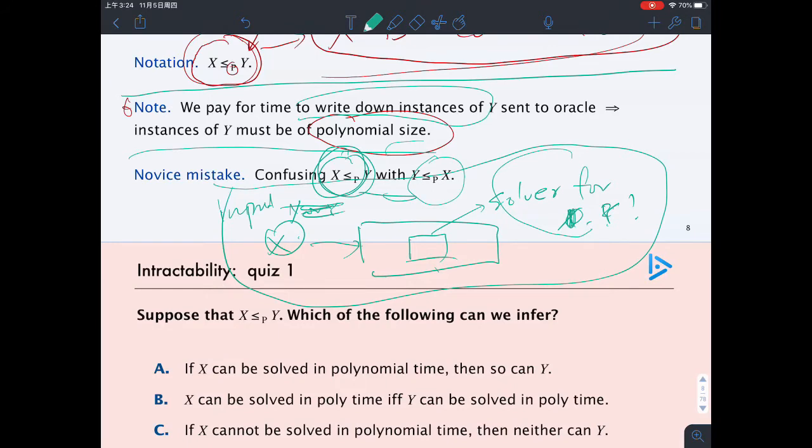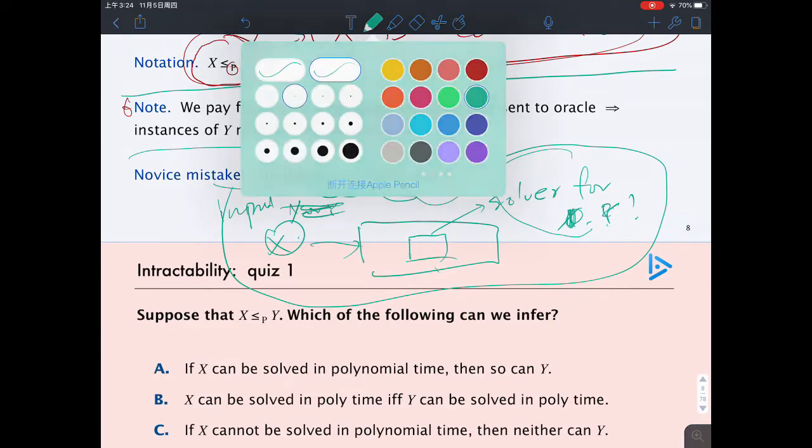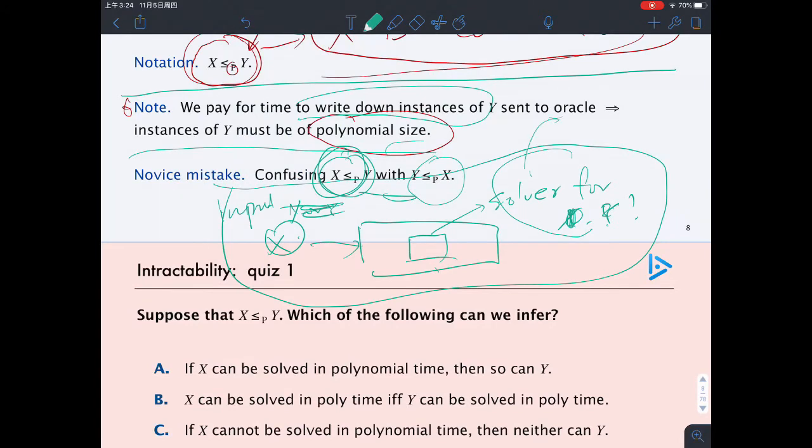Somehow people always get confused from time to time about the roles of x and y. When we are looking at this diagram, sometimes people accidentally write y less than or equal to x, maybe because the instance from x is fed into the solver for y. So this is the novice mistake, and this kind of mistake is pretty interesting.